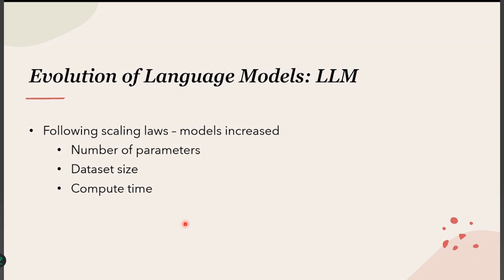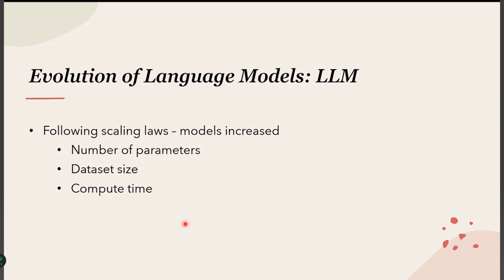Studies on language models have found that if we increase the number of parameters, the volume of data and the amount of time involved in training, we get much more powerful models. So everyone started to do all these things, which resulted in massive language models.